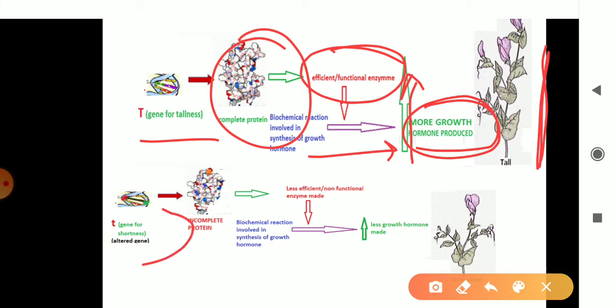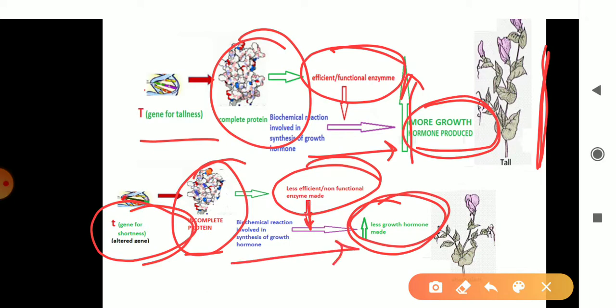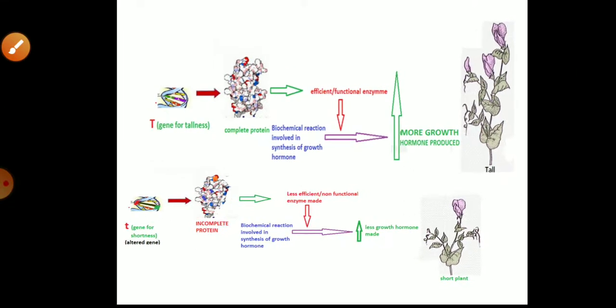And the recessive gene makes incomplete protein. Incomplete protein means less efficient or non-functional enzyme, and so the amount of product formed when this enzyme mediates a particular biochemical reaction will be quite less, and so that particular trait, that is height as tall, will not be expressed. The plant in this case will be shorter, right?